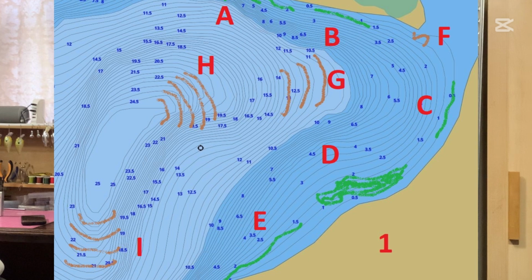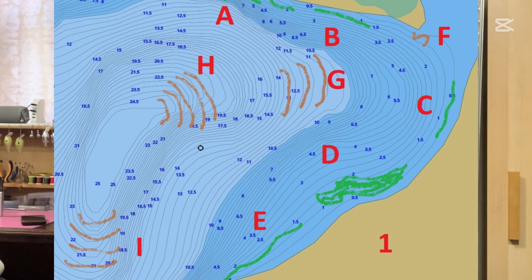Now, section 1, as indicated on the map, is the area of the lake that the wind is blowing towards. So if I was fishing this lake, this is probably the area that I would start in. I have good weed beds in the shallow water that I can go and target, which are wind blown.